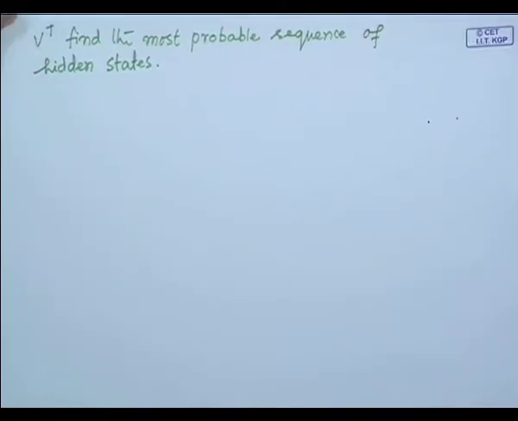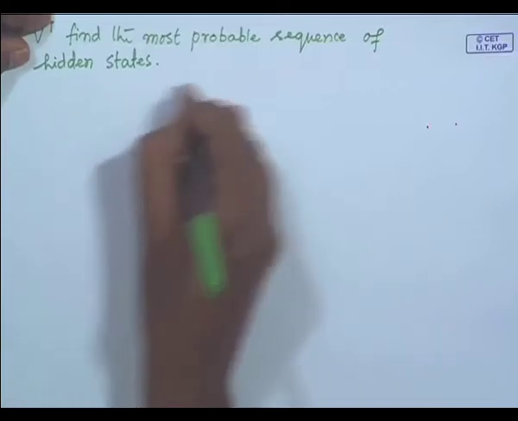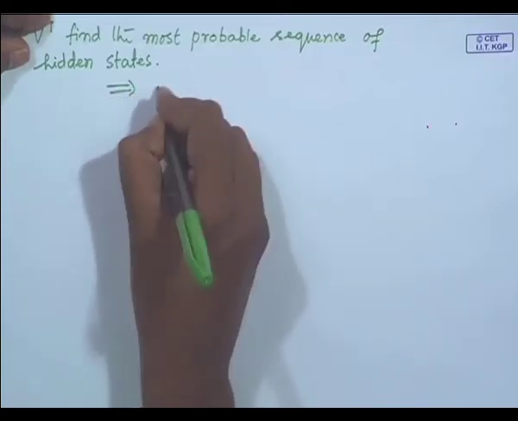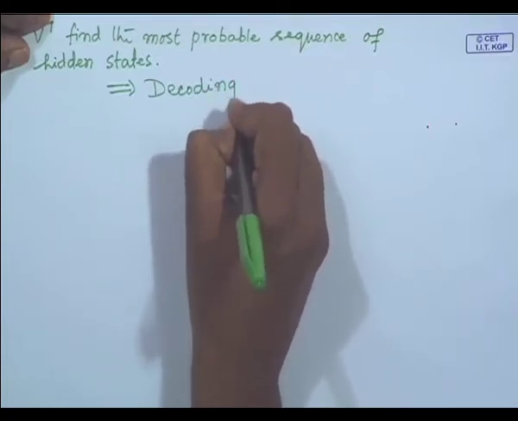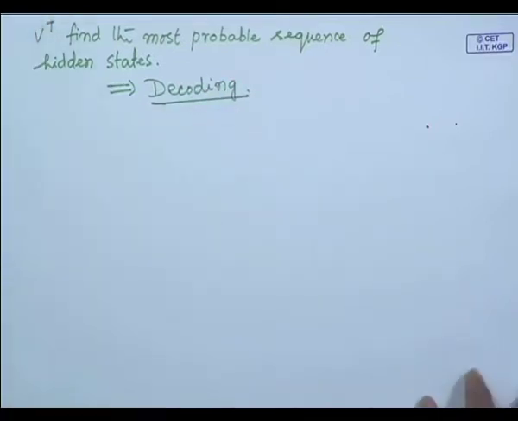Right. So, this is what was my decoding problem. That was the second issue in our hidden Markov model. And obviously, I can write an algorithm for doing this.